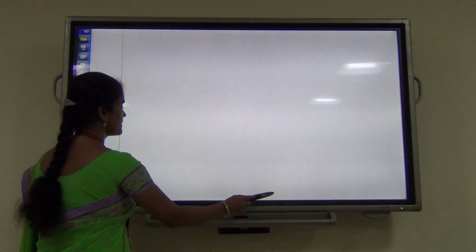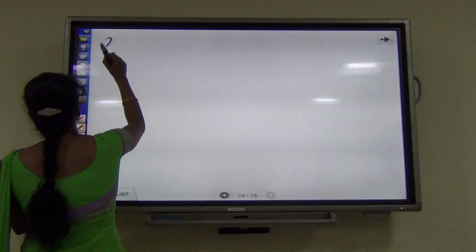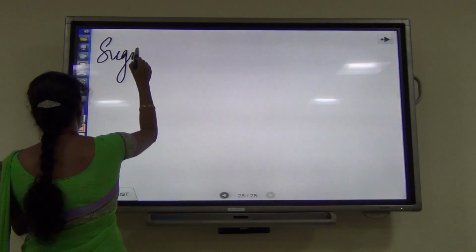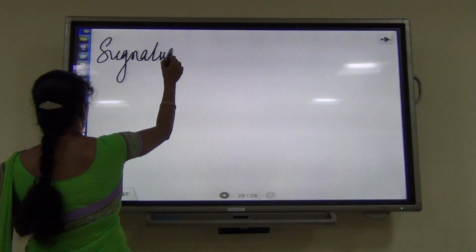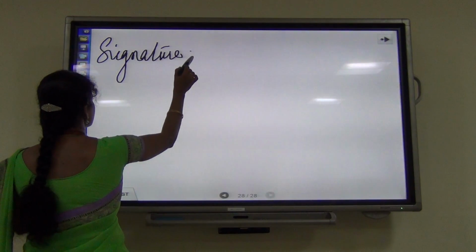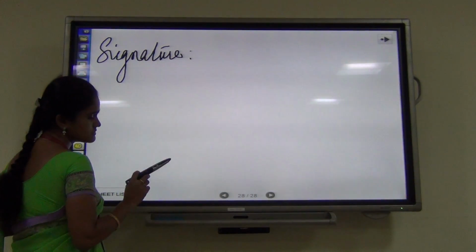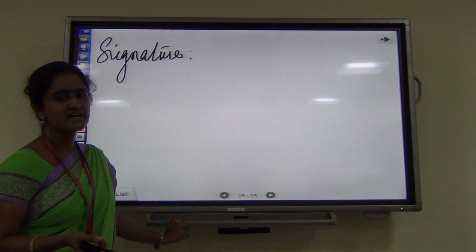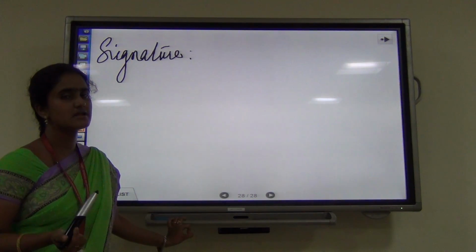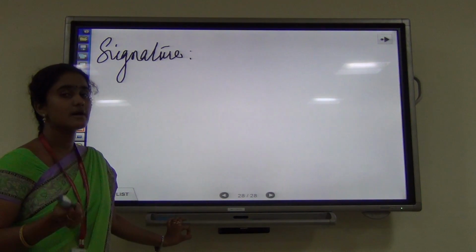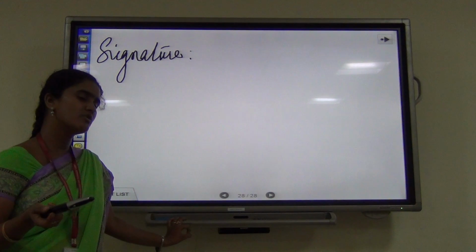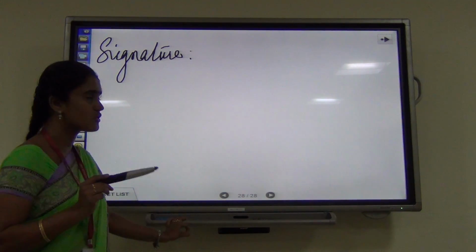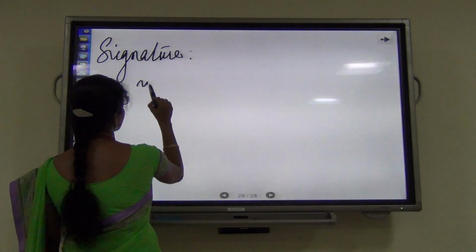So we also define index, signature and rank. Rank we have already defined. Signature is nothing but the difference between the number of positive eigenvalues and the number of negative eigenvalues, or the difference between the number of positive square terms and the number of negative square terms in the canonical form.